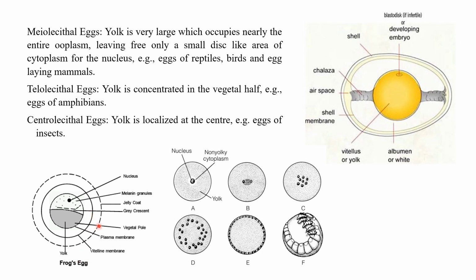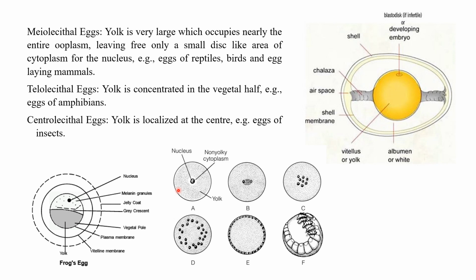The next type of egg that is classified based on the distribution of yolk is the centrolecithal egg. Here the yolk is present in the central part of the egg. That means the yolk is localized at the center of the cytoplasm.